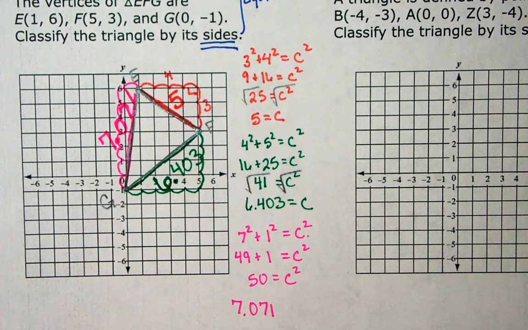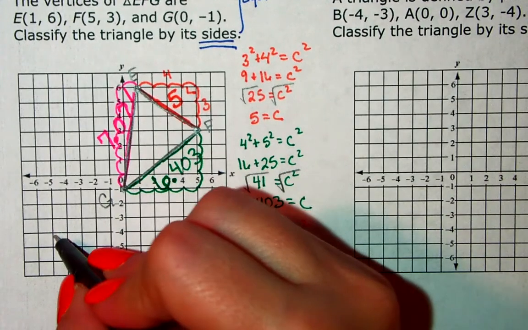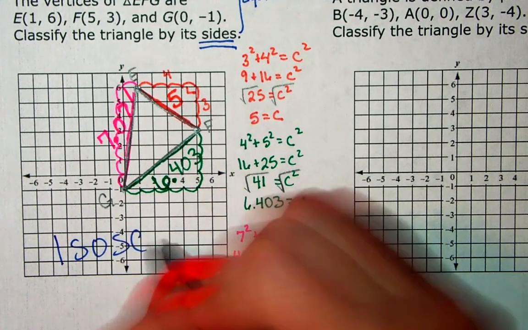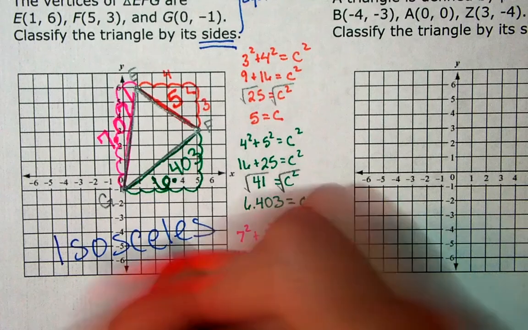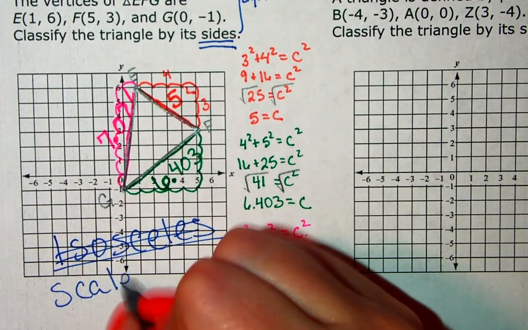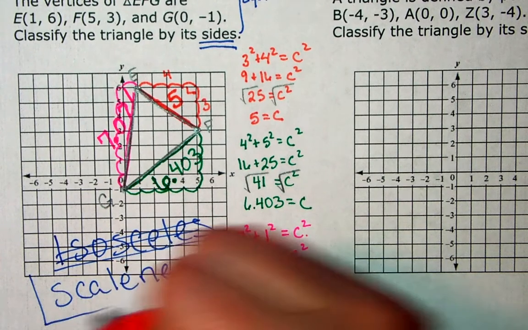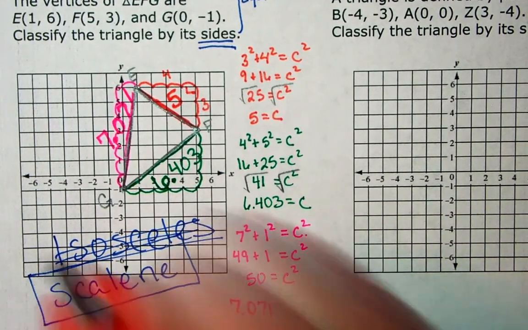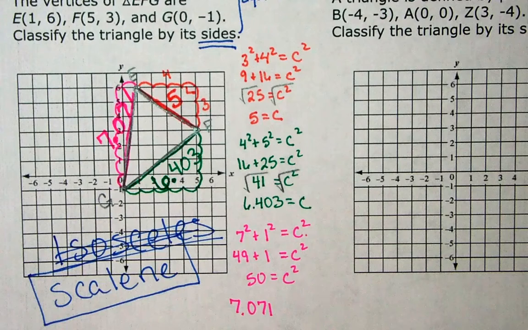So this triangle is isosceles. Or sorry, I lied. They're all different. It is scalene. All my sides are different. That triangle is scalene. Okay?